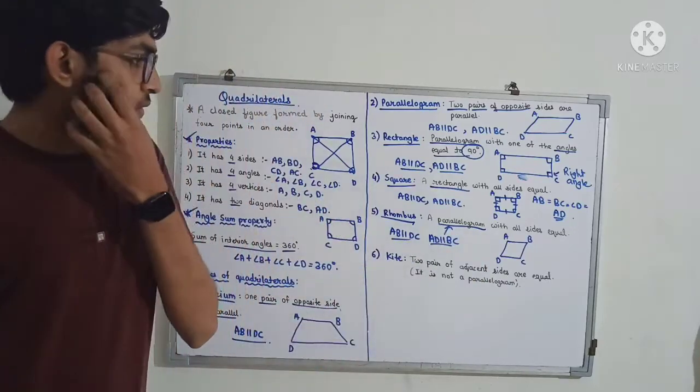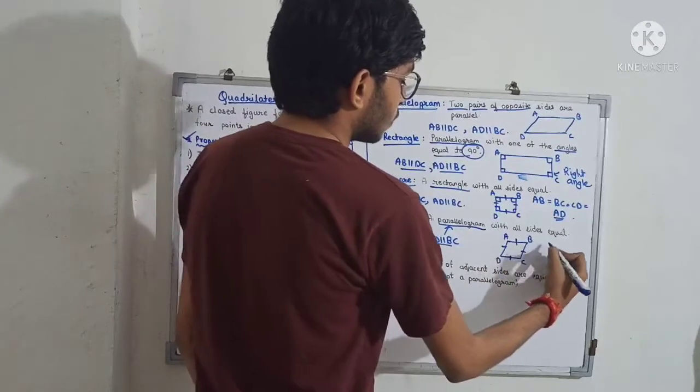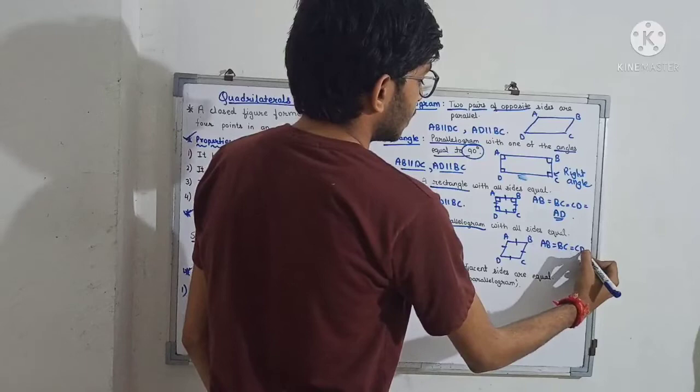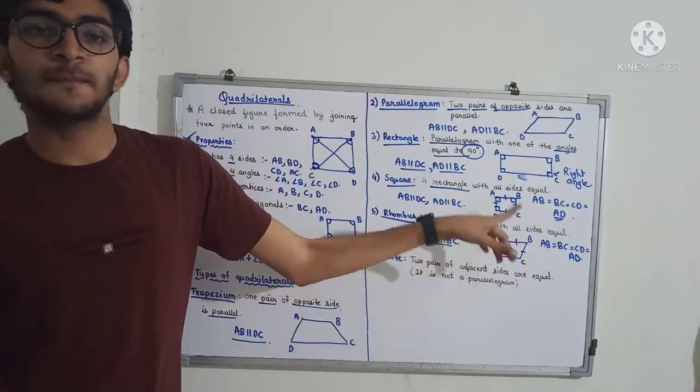And as said earlier, all these four sides are equal: AB equals BC equals CD equals AD. So this figure is called a rhombus.